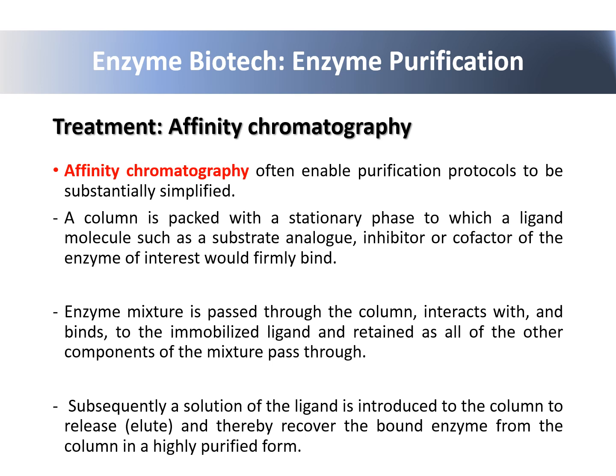Okay, so how does this one work? The column is packed with a stationary phase in which a ligand binds a molecule, such as your substrate, for instance. Let's talk about a substrate, and let's not talk about inhibitor and cofactor, but those can also be used as ligand. So you pack your column, you put your ligand, you know that the ligand will bind to your enzyme.